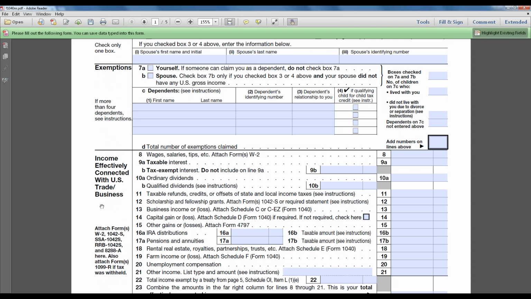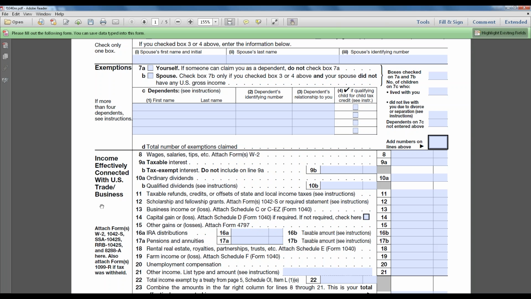So what if we first start with effectively connected? That would mean that the person has an office here, if it's, like, a self-employed manufacturer. If it's a person providing a service, they are providing the services here, but providing services here does not necessarily make it effectively connected.